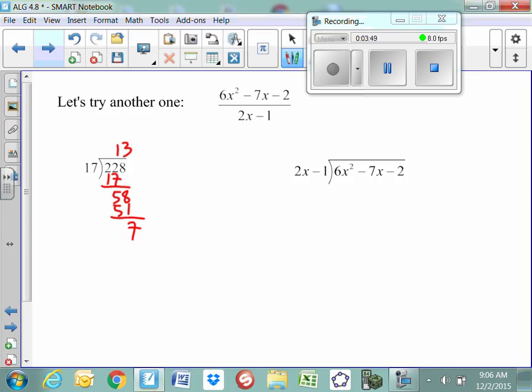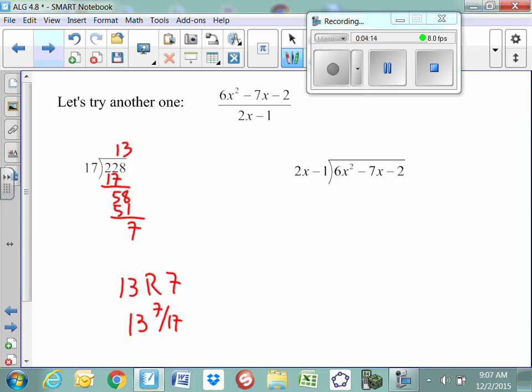Now, remember that a long time ago, before you were much better at math, we used to say that the answer was like 13 remainder 7, right? Then you got a little bit better at math, and we said that it was 13, and then we took the remainder 7 and made it 7/17 because 17 was the number you were dividing in.